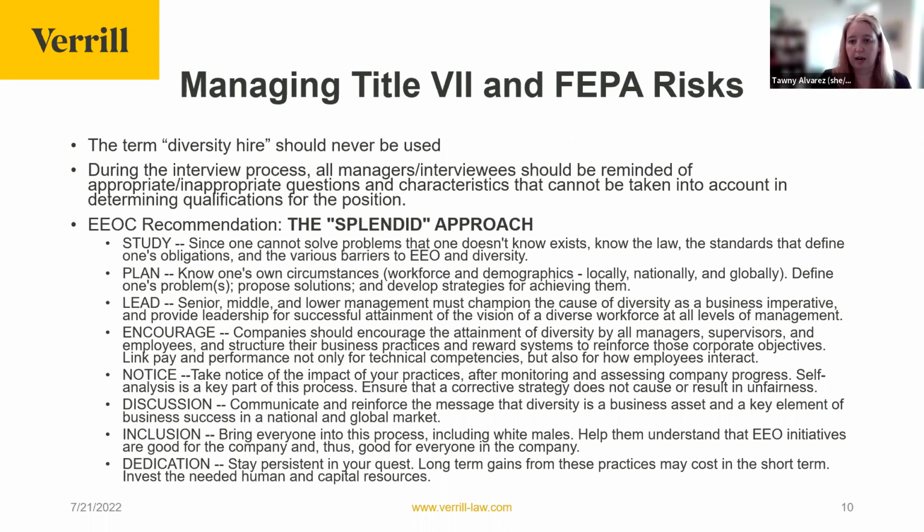Additionally, during the interview process, all managers or individuals who are participating in the interview practice should be reminded of appropriate and inappropriate questions and characteristics that cannot be taken into account in determining qualifications for the position. Similarly, when we're determining which managers or interviewees should be part of the hiring decision or part of the hiring team, we should be looking for a diverse group of individuals.